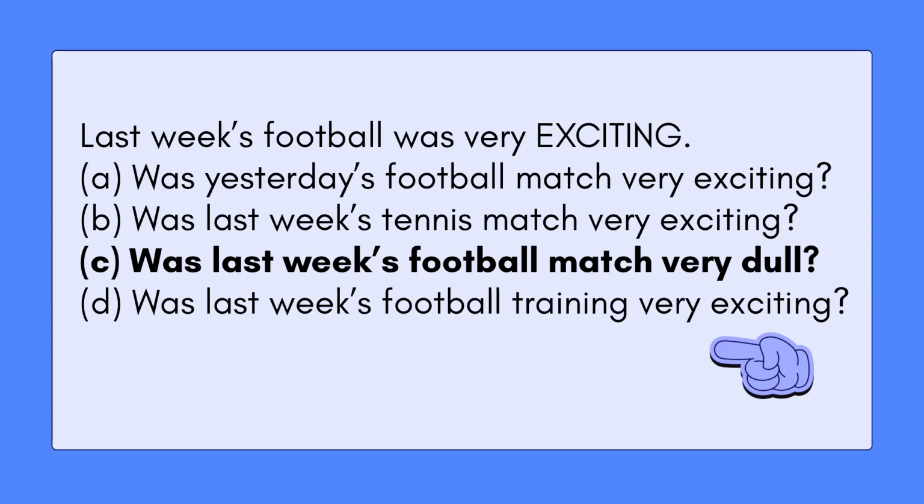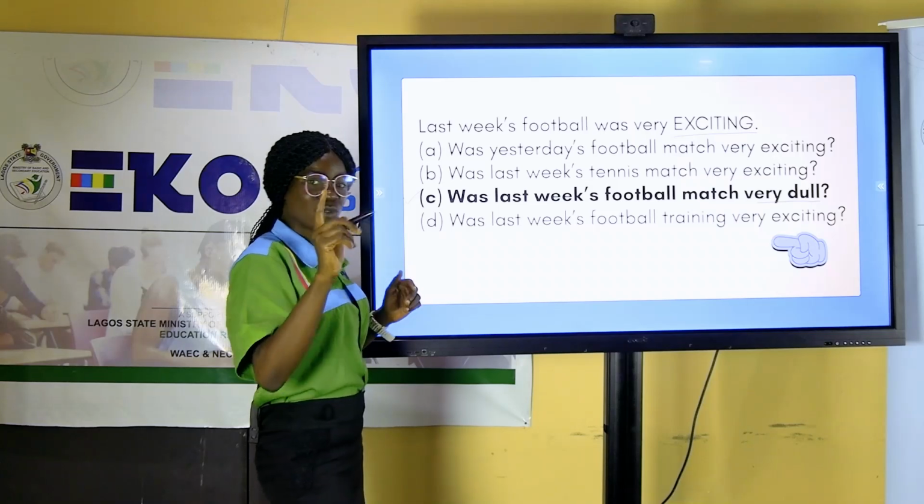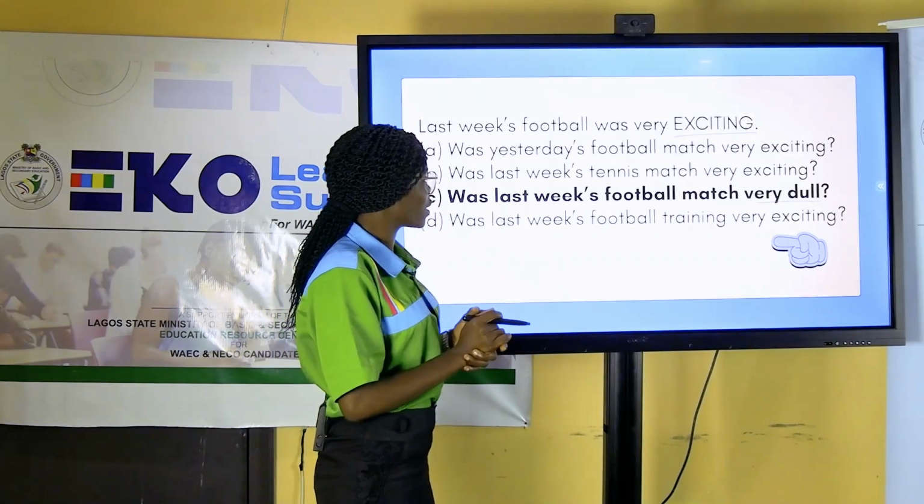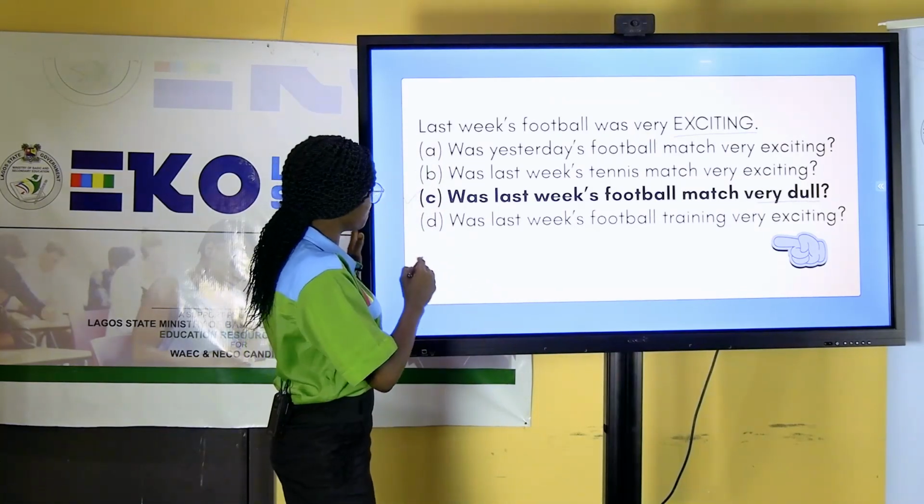In that case, that is the correct answer. The correct answer is C, because it contradicts what the speaker is drawing your attention to. I hope you understand that and you're following me. Okay, so let's look at one more example before I give you some work to do.